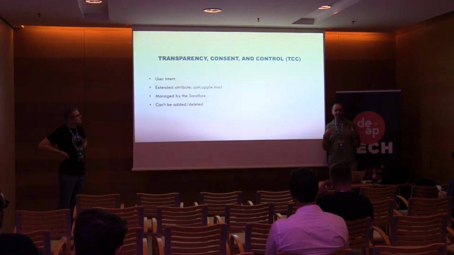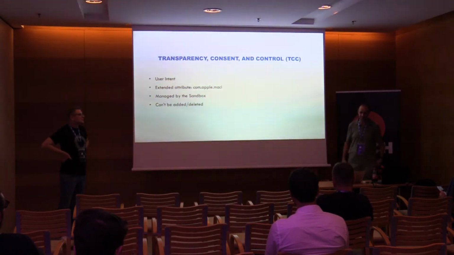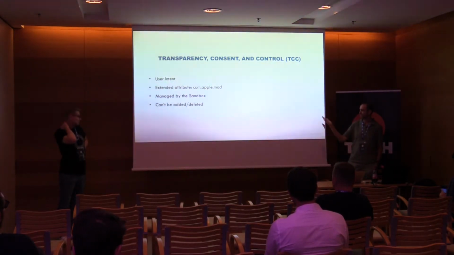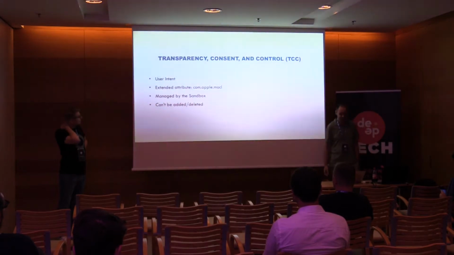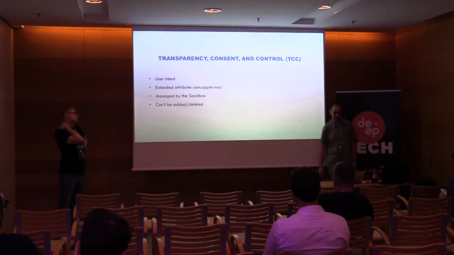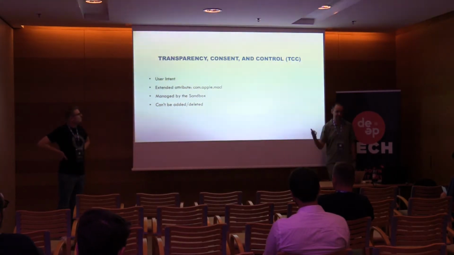So when the user shows an intention to do something, the system will recognize that, and that's handled through an extended attribute attached to the various files, which is the macl attribute, and it's handled by the same sandbox that is handling the system integrity protection.